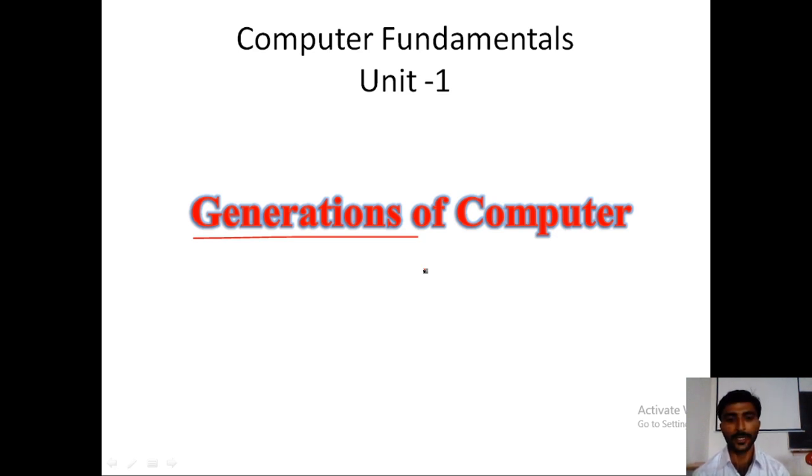So now there are 5 computer generations. Each generation will be discussed in detail, along with its time period, for example in which years the first generation computers were used and in which years the second generation computers were used. We will also discuss the characteristics or features, and the components used in the first generation, second generation, up to now.